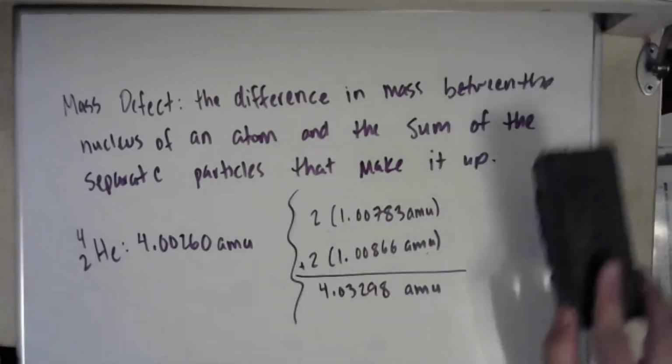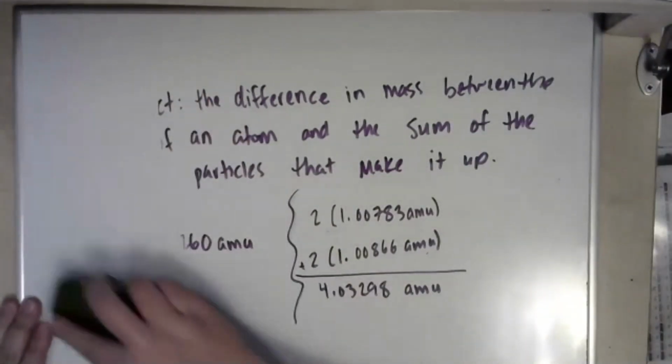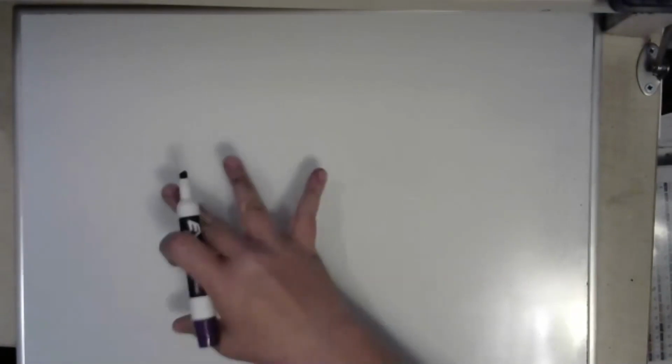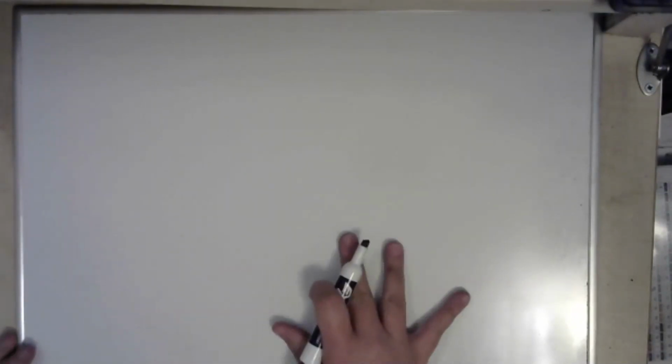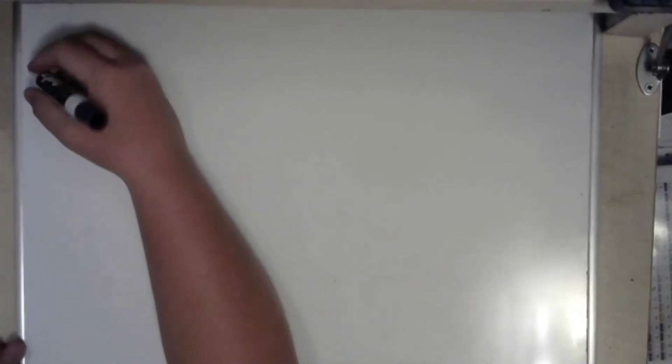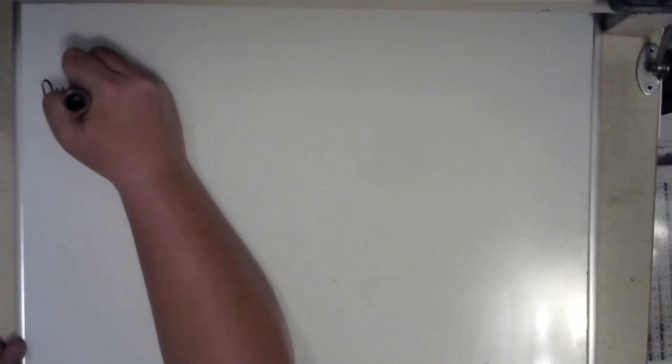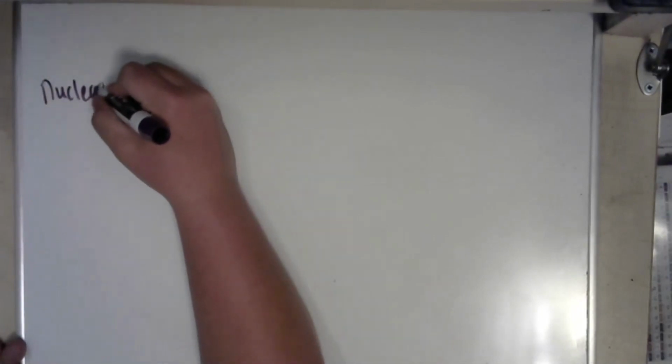Now the nuclear binding energy has to do with the mass defect. That's going to be the amount of energy it's going to take to break that nucleus into the nucleons that make it up.